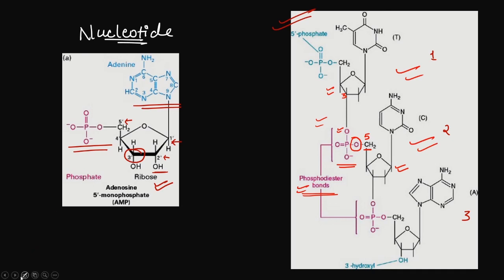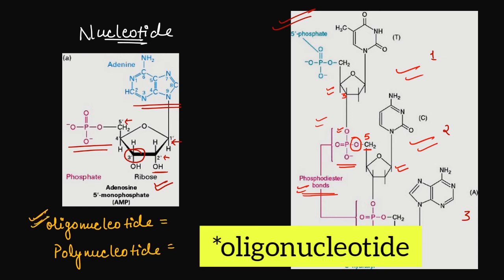Okay, now while learning about polynucleotide, 2 terms are there: oligonucleotide and polynucleotide. Oligonucleotides are relatively smaller in comparison to polynucleotide.